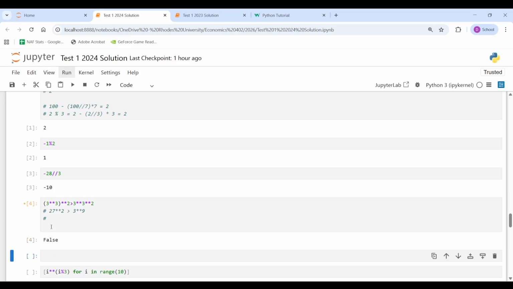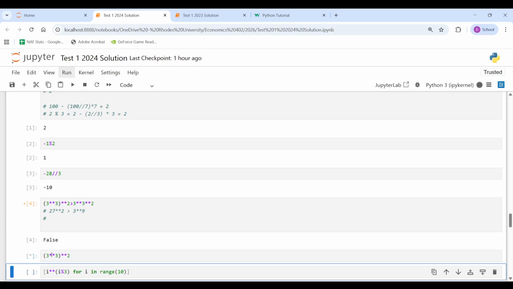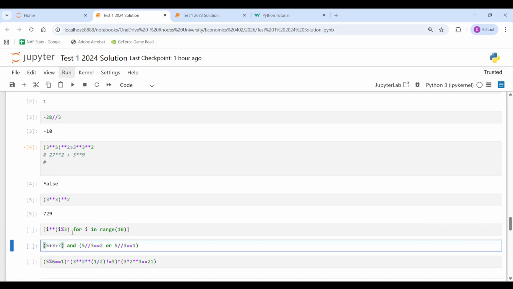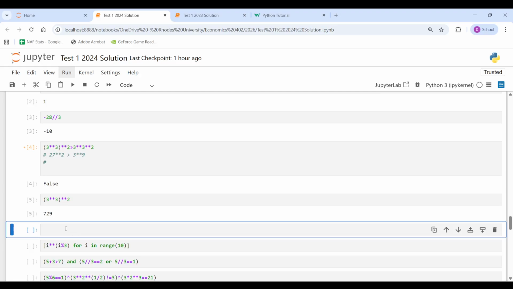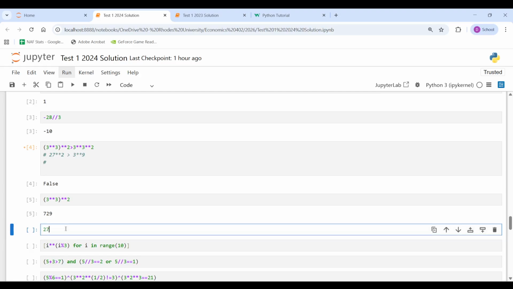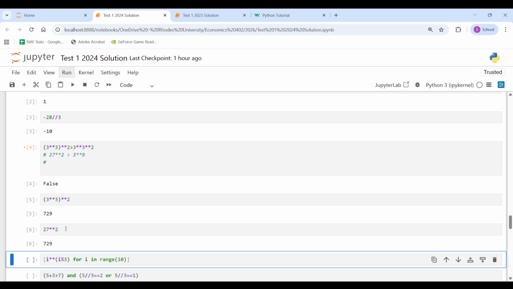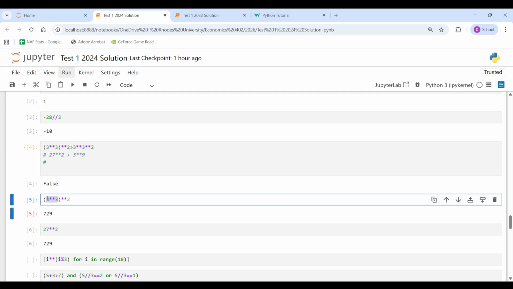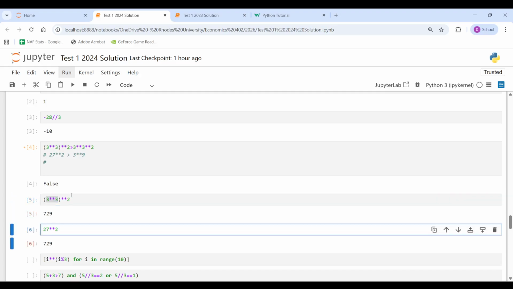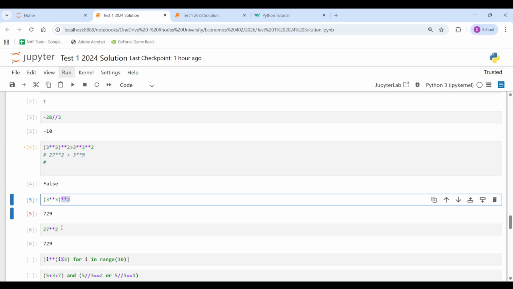Do you want to see it? We'll see. So it's first going to do what's inside of the brackets, which is 27, and then square it.